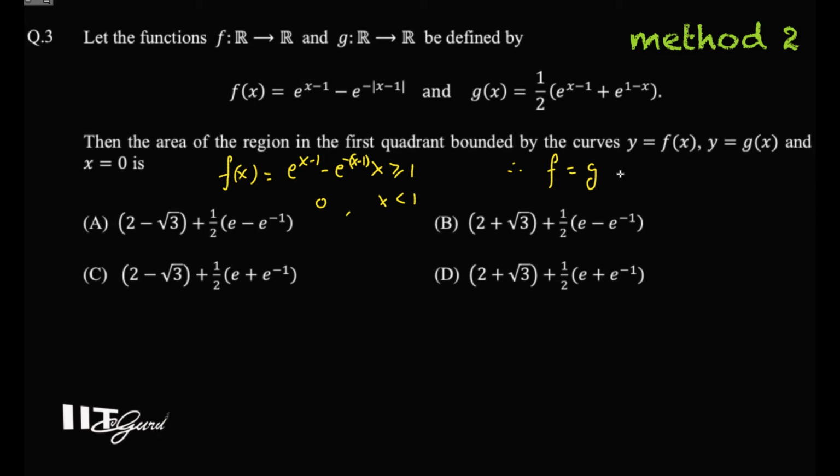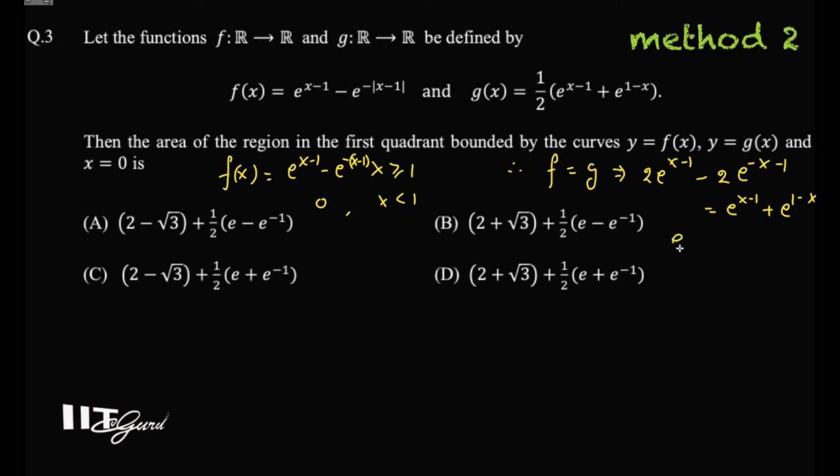This implies 2 e power x minus 1 minus 2 e power minus of x minus 1, and hence this is equal to, after multiplying with 2, cross multiplication, e power x minus 1 plus e power 1 minus x, that was from g, this one gx. So equating all this, you can get the value of x.